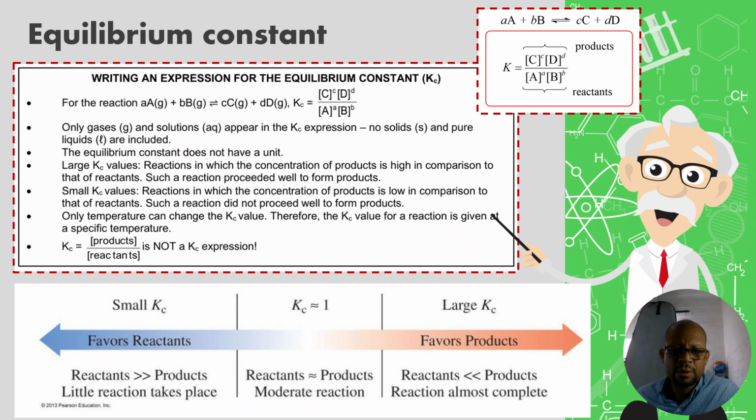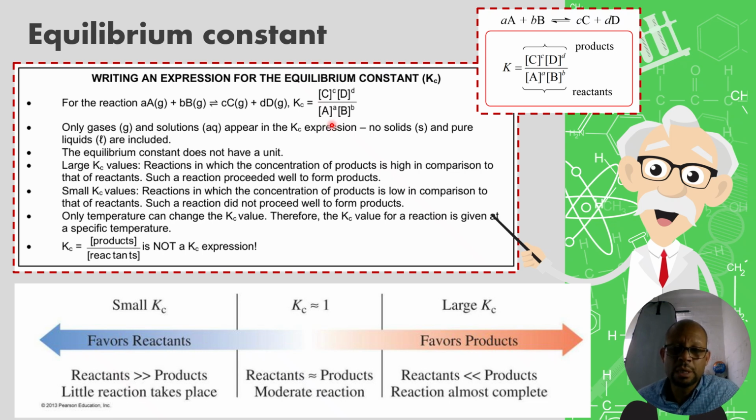Okay, so a couple of things that we need to know is the equilibrium constant. How do we write it? Do take note, it is square brackets, and then the exponents are the mole ratios in your equation. So for reactant A, which has a mole ratio of small a, that a is going to be my exponent in my equation.